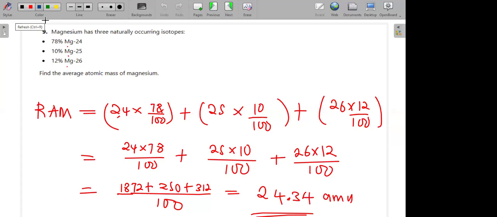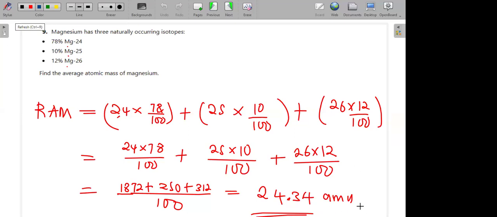So I also have a question. Yes, you can ask. What is the SI unit for RAM? Atomic mass units. What do you mean by SI units? Like, what you are writing at the end of the answer? Okay, I get it.